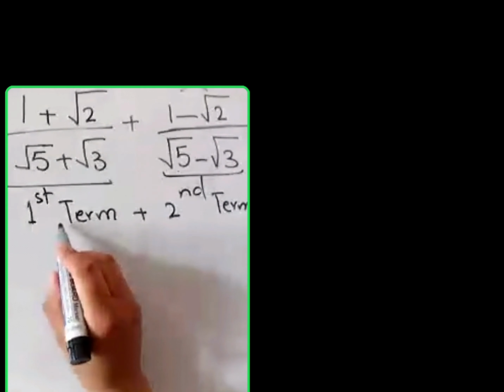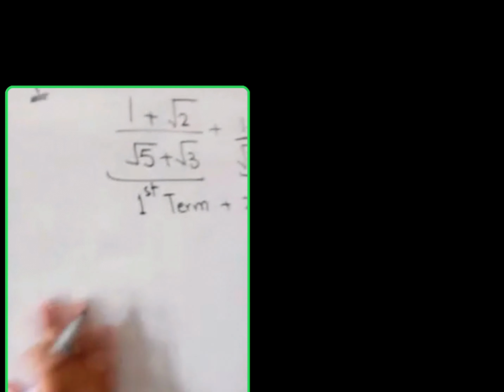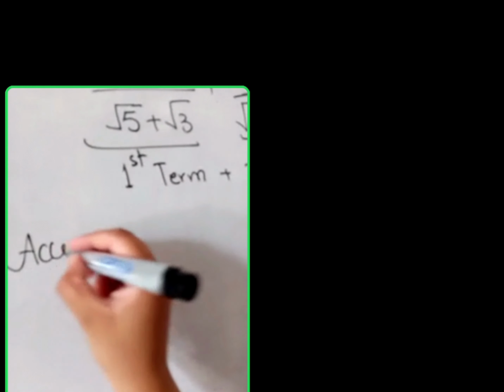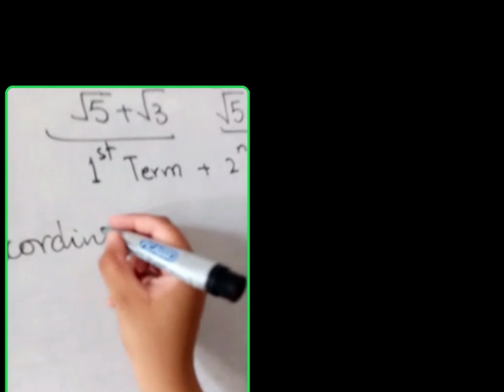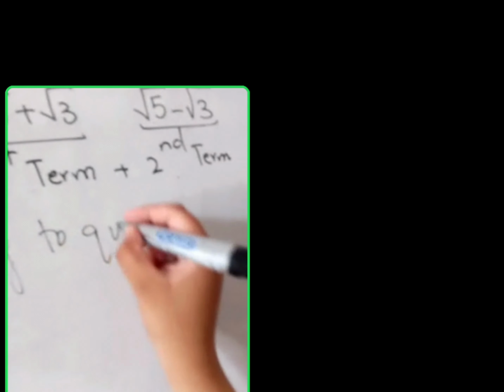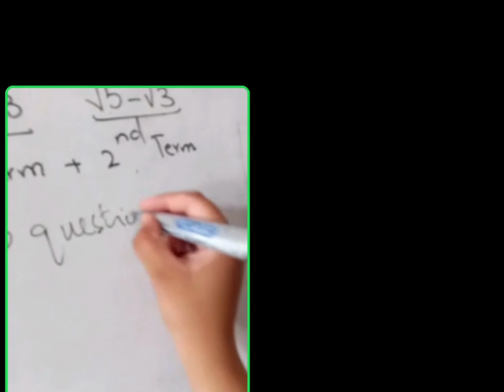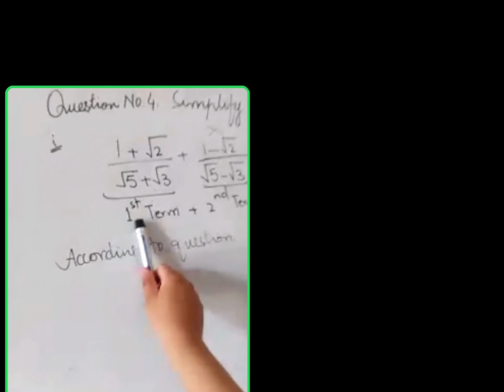The question was saying that you have to add both of the terms, first term and second term. Now at the place of first term, here you will give a statement according to question. Solution of first term, what was it?